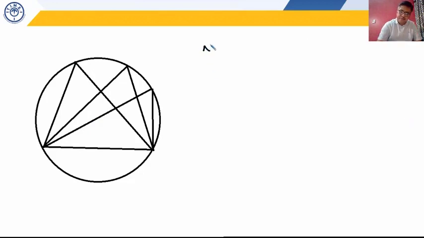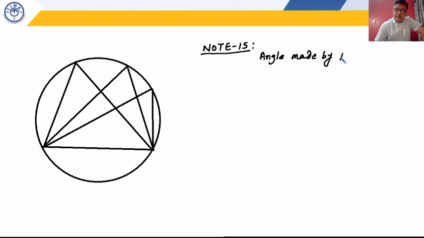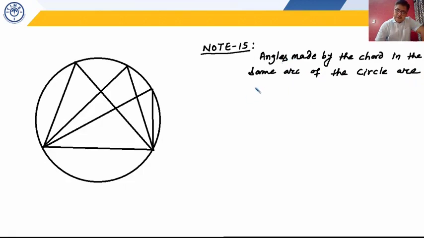Note 15. Angle made by the chord in the same arc of the circle are of equal magnitude.